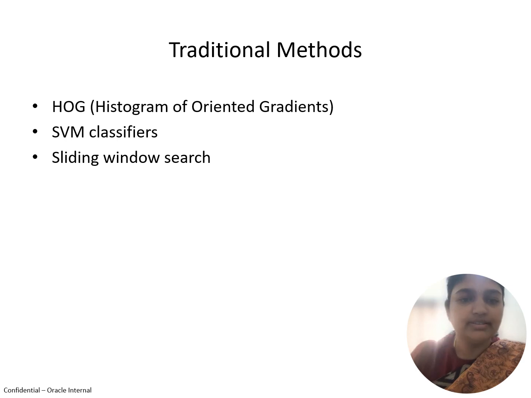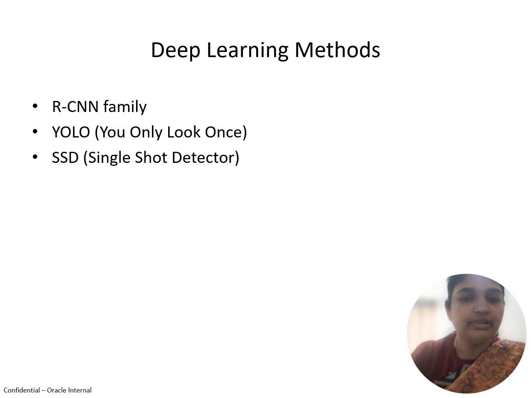Next one is deep learning methods. Next one is region-based convolutional neural networks. It is a landmark deep learning model in computer vision. It detects and localizes the objects in images.